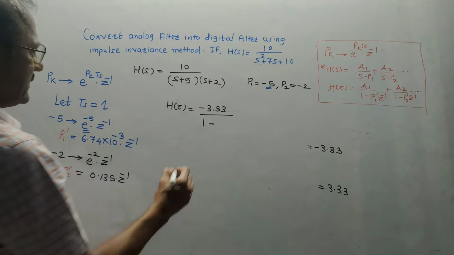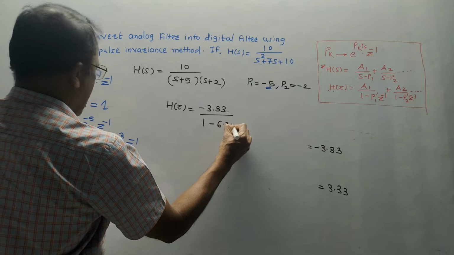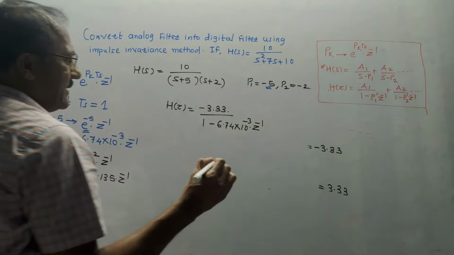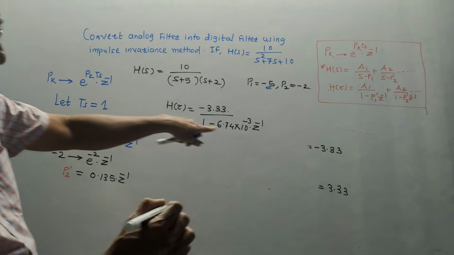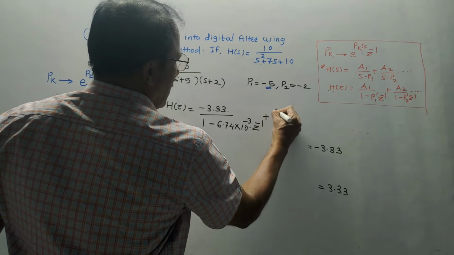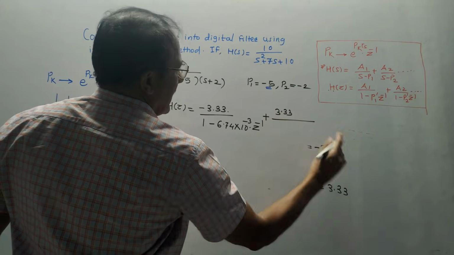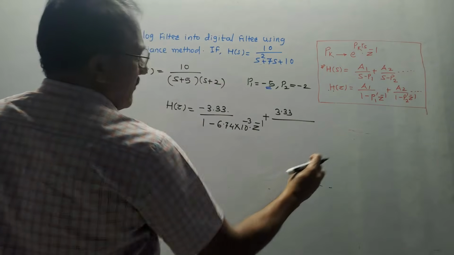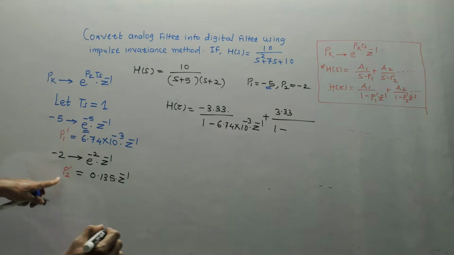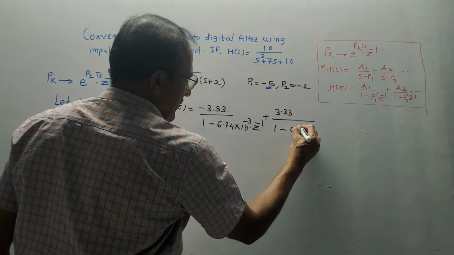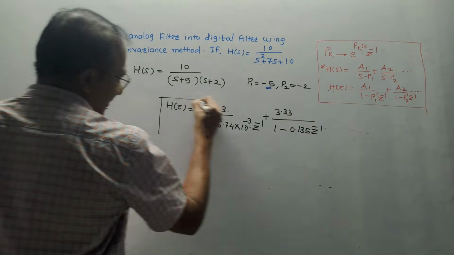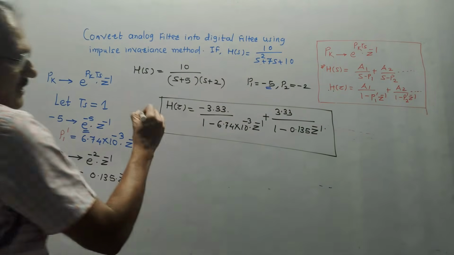The value of P1 dash is 6.74 into 10 raised to minus 3 into z raised to minus 1. This is the first term, A1 upon this first term. Second term, the value of A2 is 3.33 divided by, same way, 1 minus P2 dash, where P2 dash is the new pole, 1 minus 0.135 into z raised to minus 1. So this is the final equation of the digital filter.